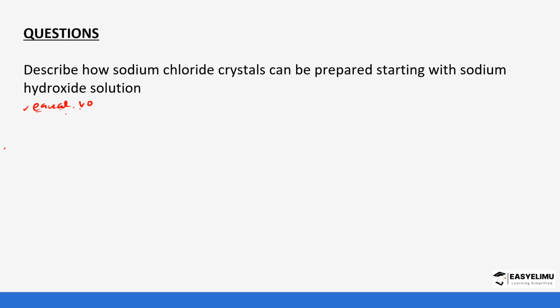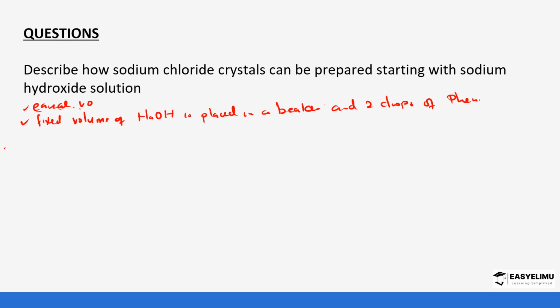But first, before we mix them, we are going to take a fixed volume of sodium hydroxide, place it in a beaker, and add 2 drops of phenolphthalein.